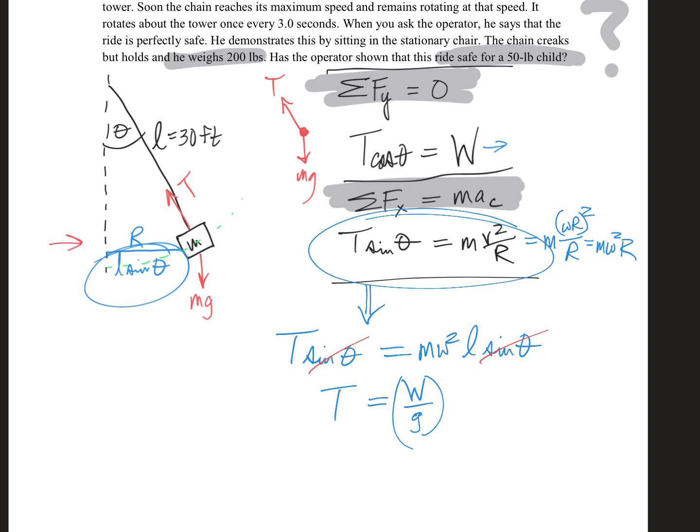It's sloppy, it's confusing, and it leads to confusion in places like this, because the way this problem is stated, it's not clear that we're making a differentiation, except he weighs 200 pounds. So we're going to assume that the 50 is talking about the weight of a child, and if I use the word weight in a physics class, I'm talking about a force interaction.